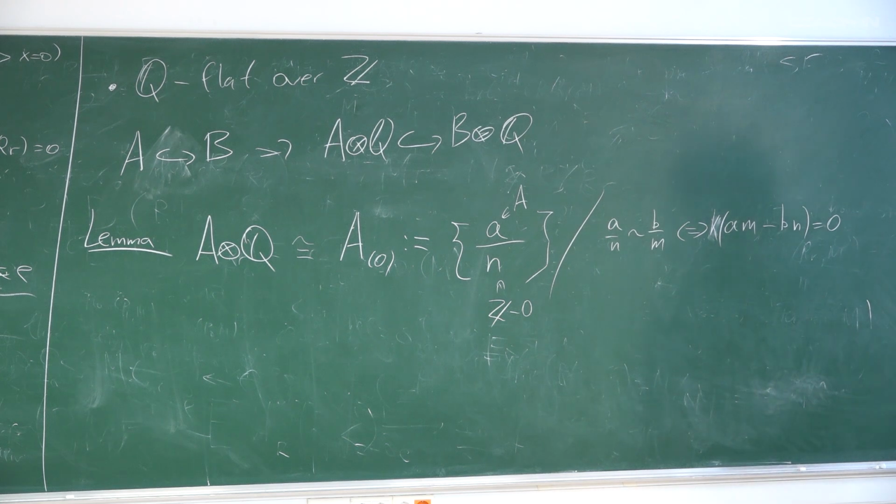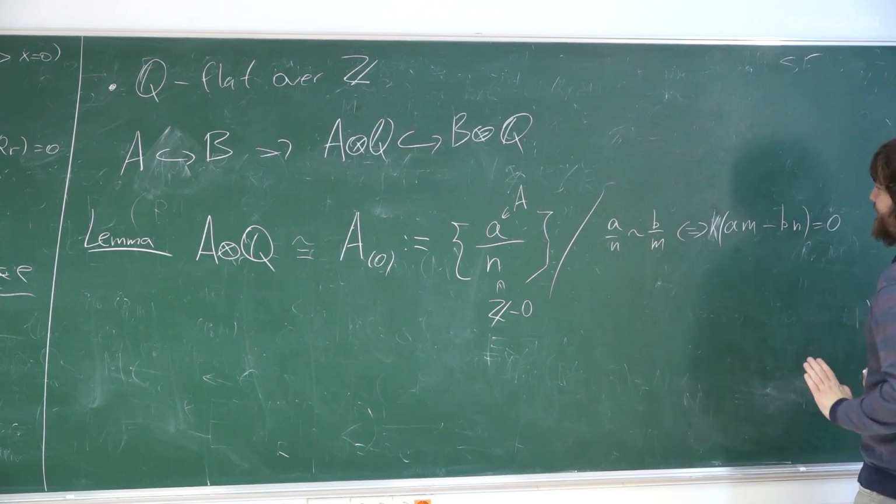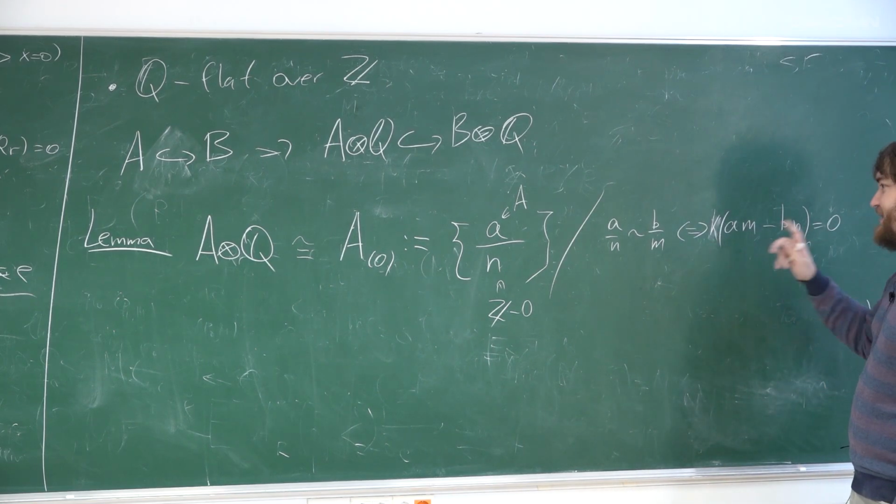You can check that this is an equivalence relation. If you don't use this k, it's not an equivalence relation. You use k because maybe you have torsion in A. If you use this k, it's an equivalence relation.